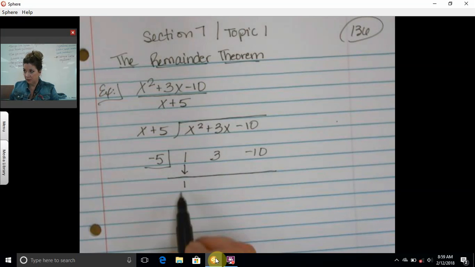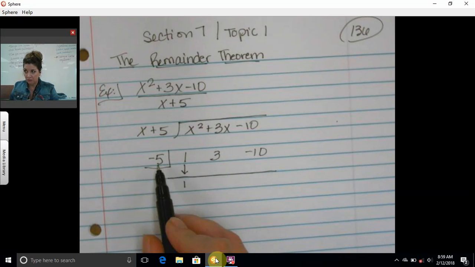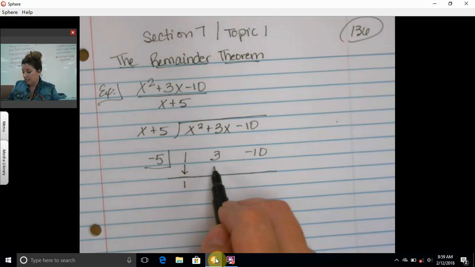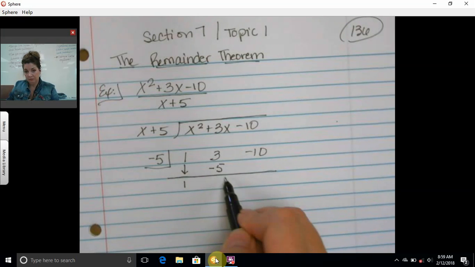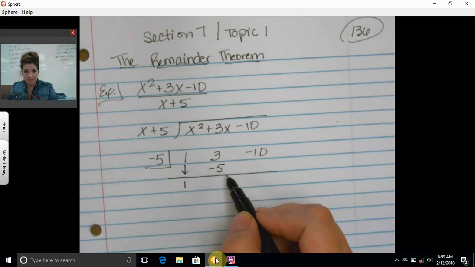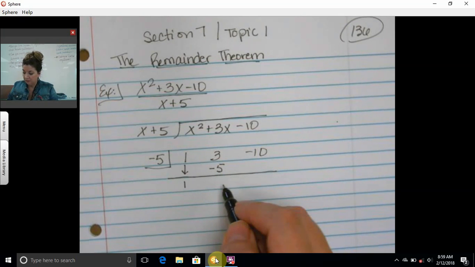Then you take that number and multiply by whatever was behind the little house. So 1 times negative 5 is negative 5. In this step, you just add or subtract, whatever the sign is. I have a positive 3 and a negative 5. Make what? Negative 2.